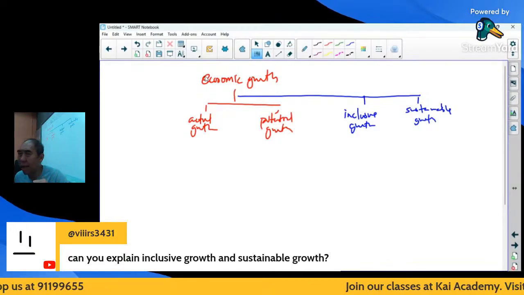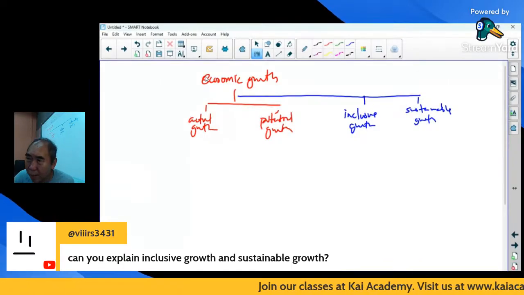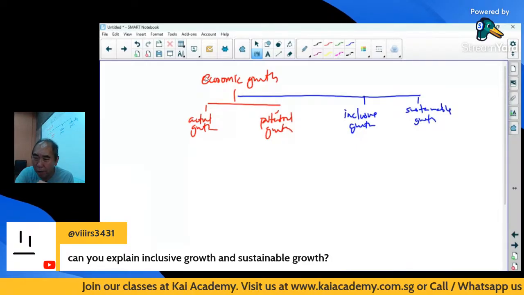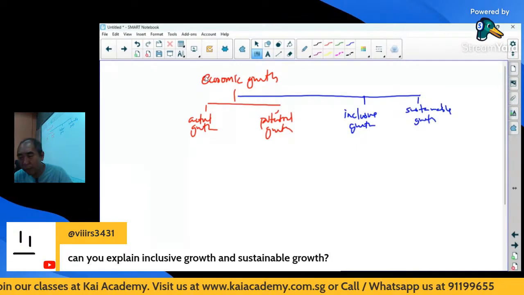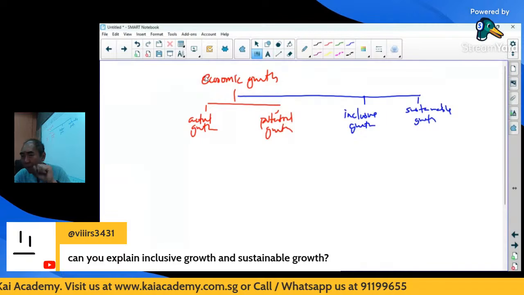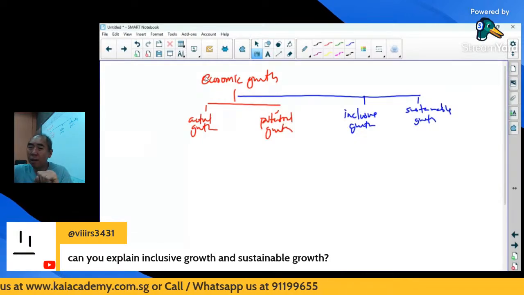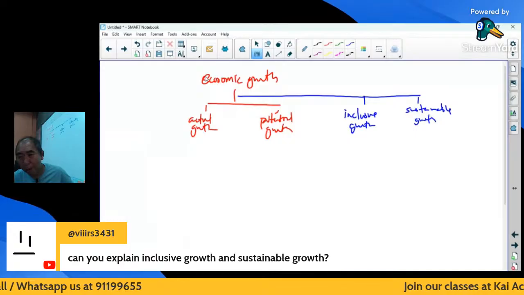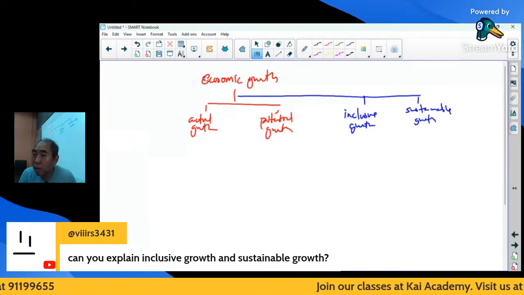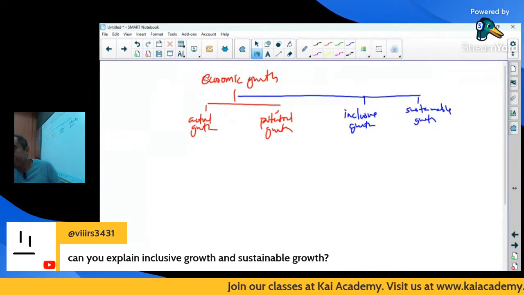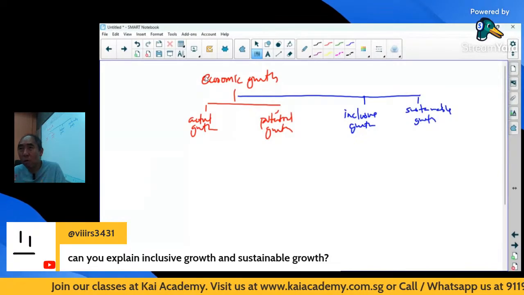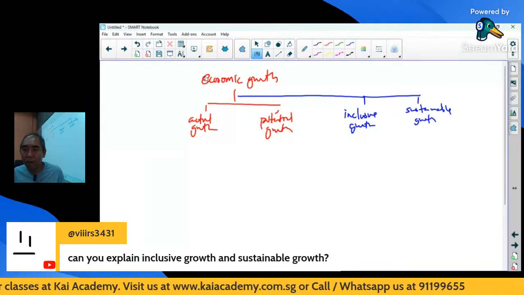So in a lot of societies, especially capitalist societies, economists notice that as a country experiences economic growth, the rich get richer, the poor get richer, but the rich get richer far faster than the poor, causing a widening of the income gap. And that in turn can cause social issues in a country. The social issues have then eventually morphed into more political issues for governments around the world.